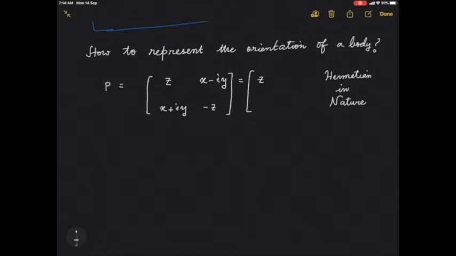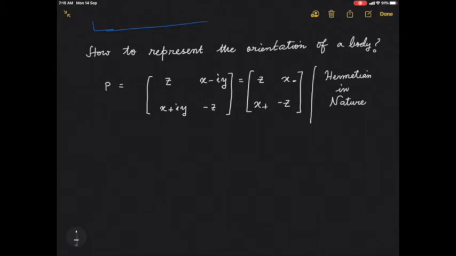Sometimes I will use a shorthand for this, where z and minus z will be as they are. For x minus iy, I will write x minus, and for x plus iy, I will write x plus. That's just a shorthand notation for the same matrix.